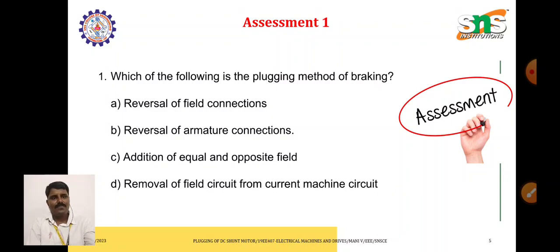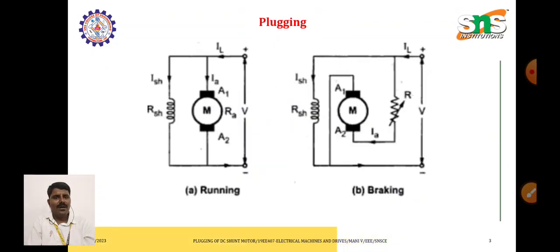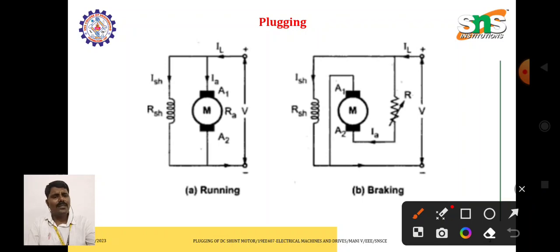You can see here the field remains the same. The only thing we have to do is reverse the polarity of the armature, and also insert one variable rheostat in series with the armature. In this case, the motor acts as a generator, converting the kinetic energy into electrical energy.